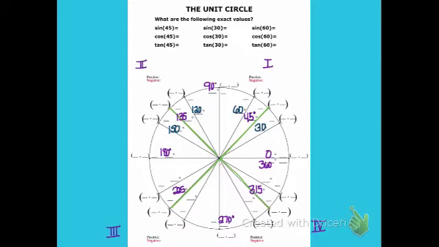Then 30 times 7, that's 210. Then 30 times 8, that's 240. Then 270. Then another 30 is 300. One more is 330. And then, of course, we're back up to 360. So we have all the multiples of 30 and 45 degrees.